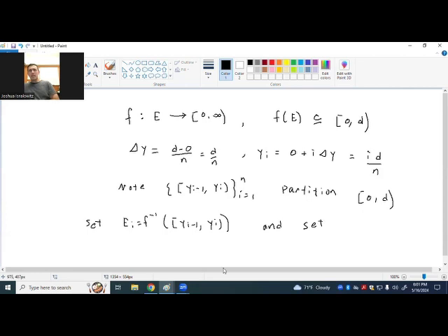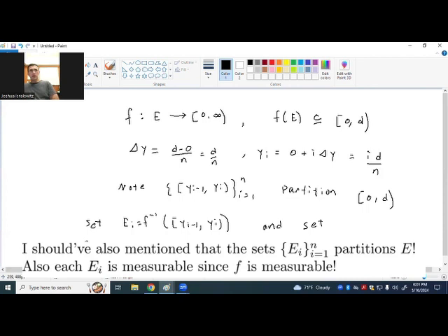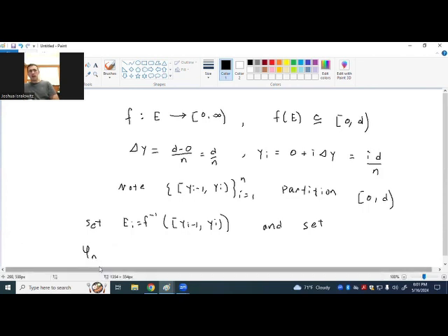Just like we did for the simple approximation theorem, I'm going to set, I think it's varphi, the standard notation in Royden's book. So let's define the simple function varphi_n as the sum from i equals 1 to n of y_{i-1} times the characteristic function of E_i.